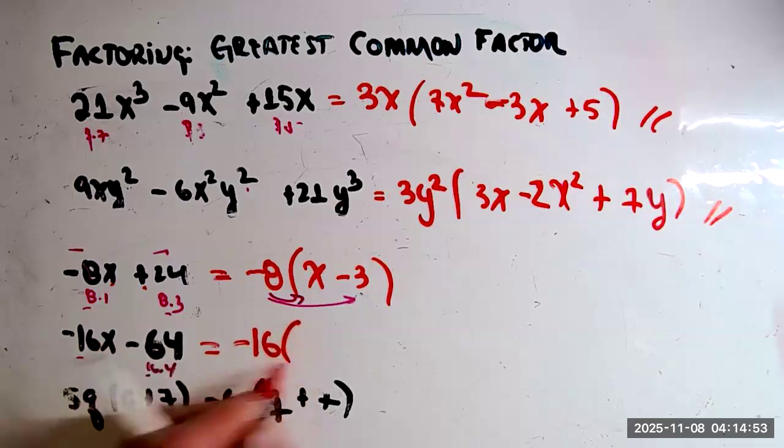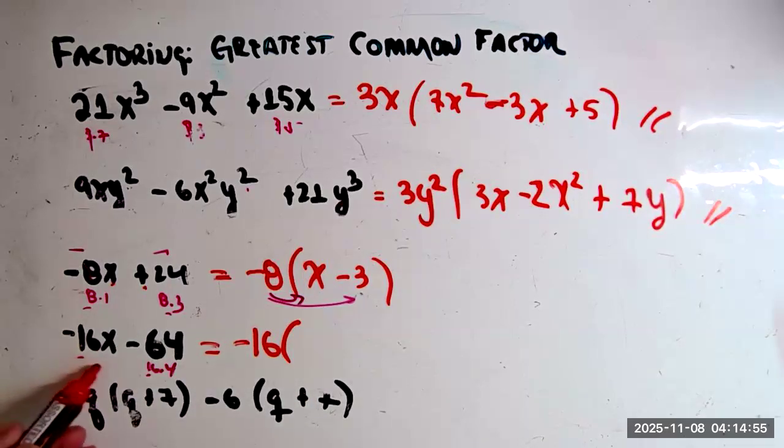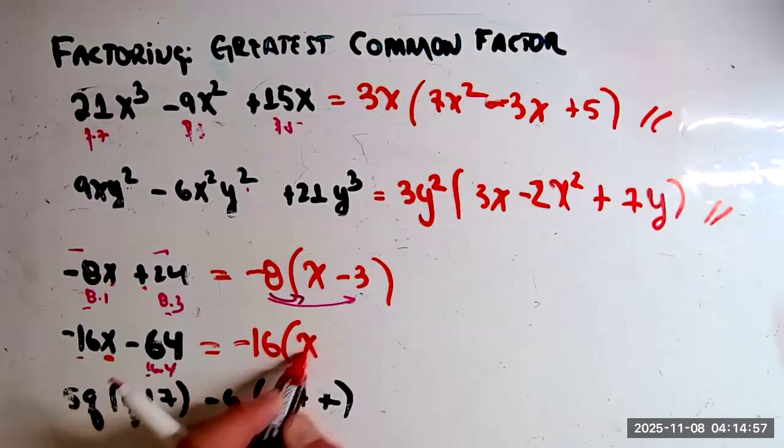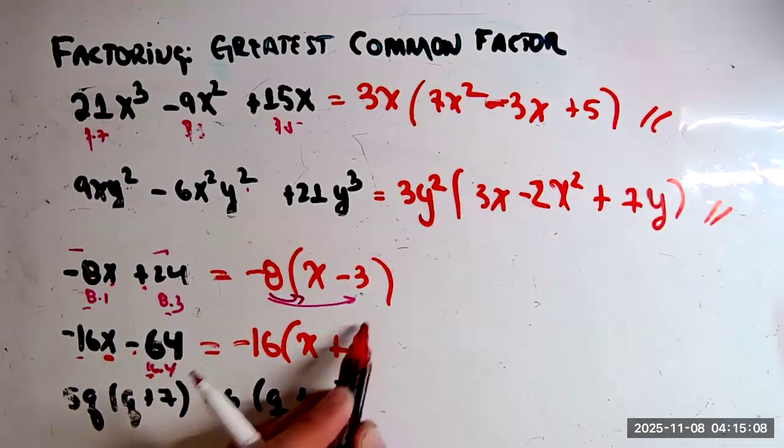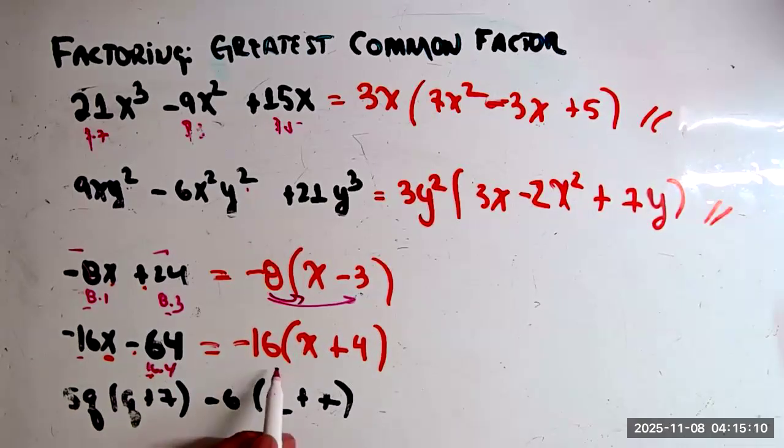So negative 16, if I were to factor negative 16 from here, we only leave the x. And if I factor out 16 from here, then what am I leaving here? Plus 4. Okay, careful with those signs. Negative 16 times x is negative 16x. Negative 16 times 4 is negative 64.